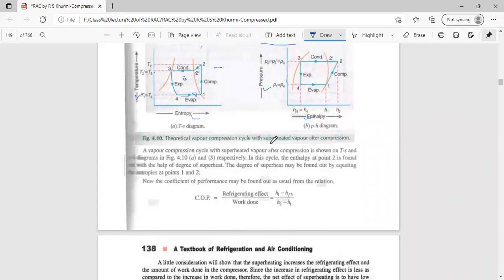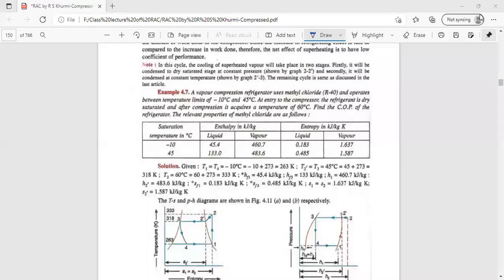Let us go through one problem, which will clear our matter here. Now, what is given here?